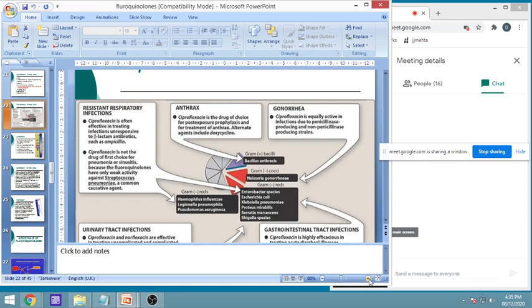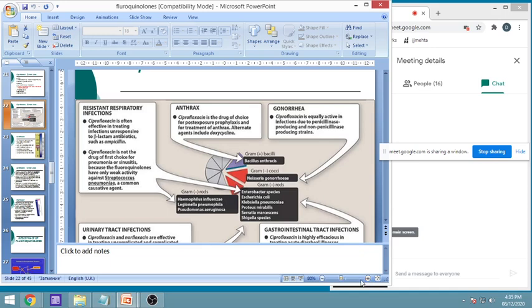Then these are effective against anthrax, caused by Bacillus anthracis, and are the drug of choice for post-exposure prophylaxis and treatment of anthrax. Alternate agents include doxycycline. Ciprofloxacin is equally active in infection due to penicillinase-producing and non-penicillinase-producing bacteria like Neisseria gonorrhoeae.